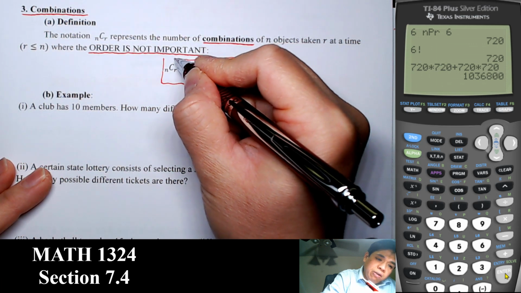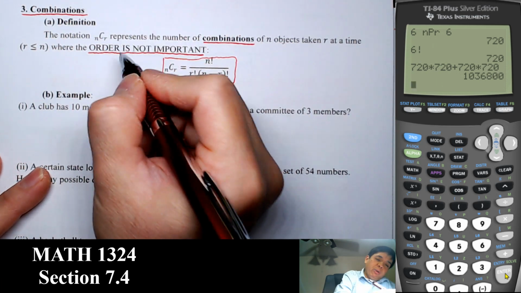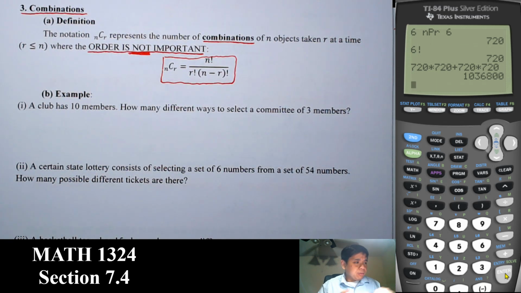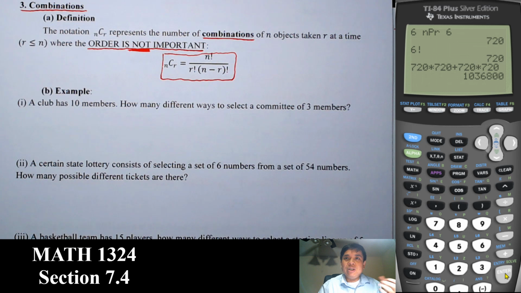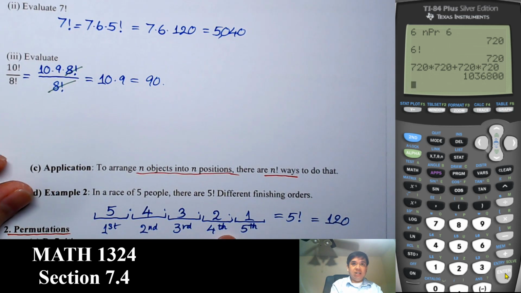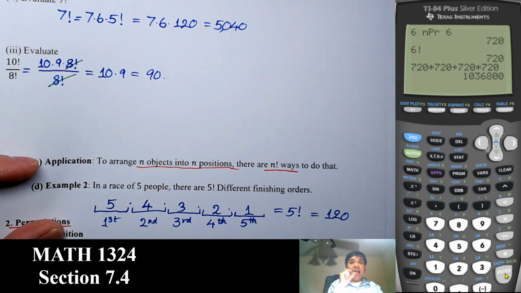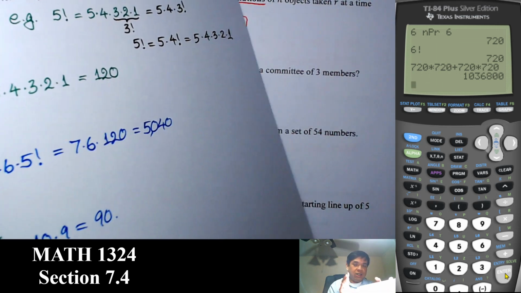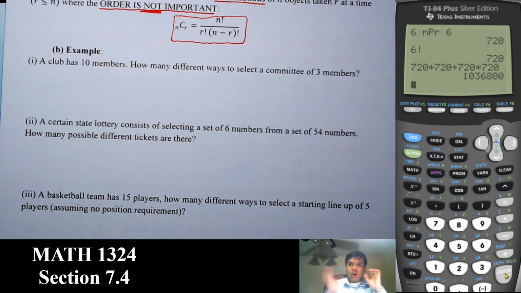Of course, the difference between combination and permutation is just that order does not matter. So, let's look at the first example and see the difference. By the way, when order does not matter, do not put them in slots like this, because when you put them in slots, that means order is already important. So we cannot do that. When order does not matter, don't put the slots. Right.